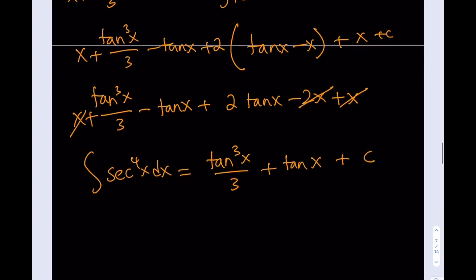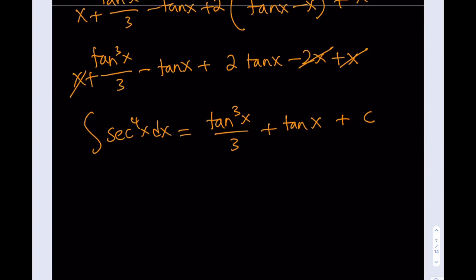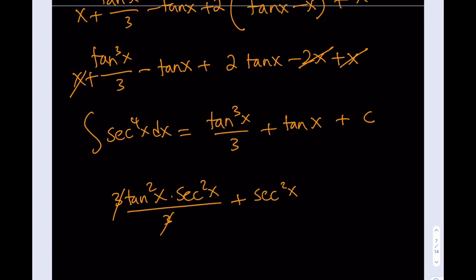Let's quickly check this. How do you differentiate this? Just differentiate tangent cubed. You would write it as 3 tangent squared, and you would use the chain rule. The derivative of tangent is secant squared. Then the 3 would cancel out. Plus the derivative of tangent is secant squared x.